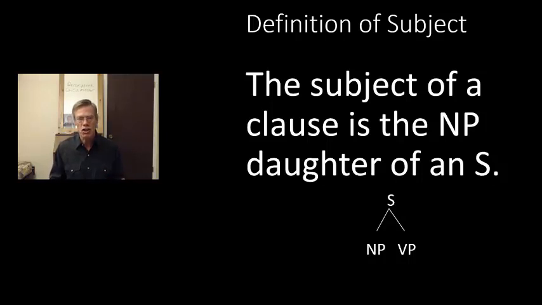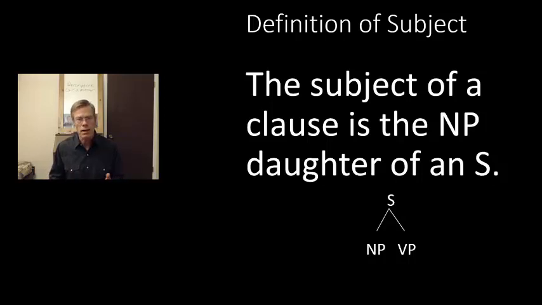But even when there is an action, we can do something in English, which is to passivize a sentence, which takes what normally would have been the object and promotes it to a subject position, meaning that that's now the subject of the sentence. So you've got a sentence like, I saw the bear, can be turned into the bear was seen, and that's clearly the subject of the sentence. So we need a better definition than the doer of the action.